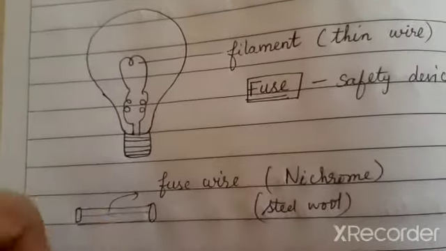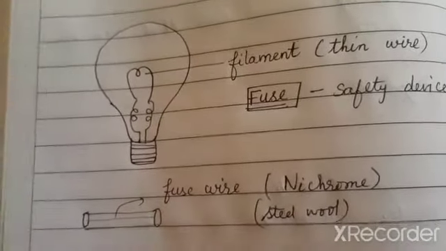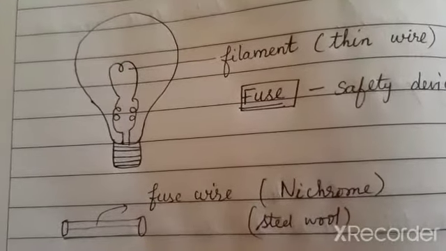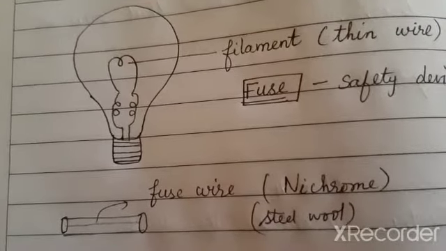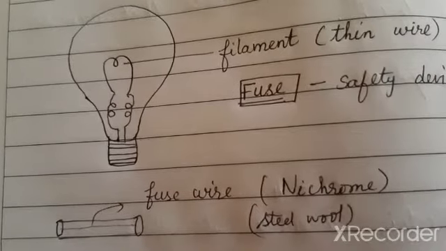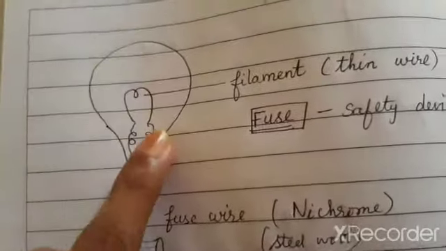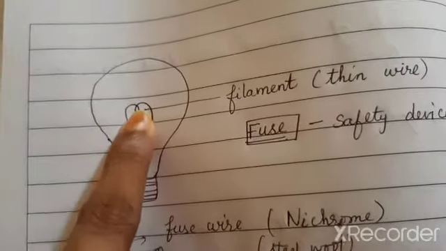Once this wire is broken, the current will not flow. There is a break in the circuit now. The current will not flow, and hence the appliance will stop working. So this is a bulb and this is a filament, right?